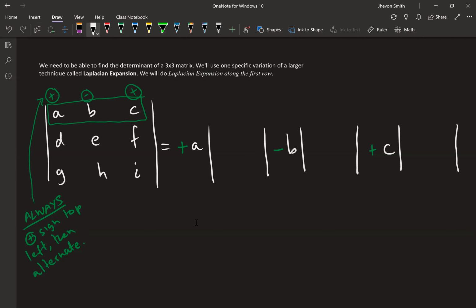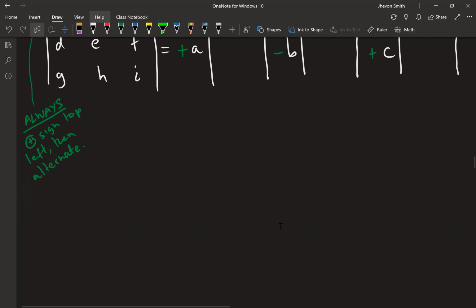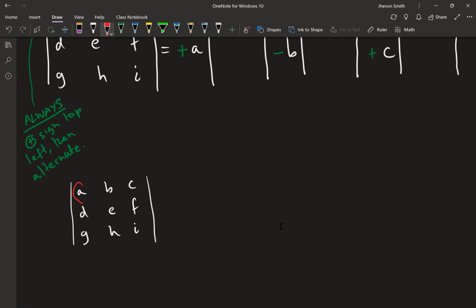So here's how we're going to find these determinants. To figure out what is attached to A, you're going to take the matrix A, B, C, D, E, F, G, H, I. If you're focusing on the A, block out everything in that row and that column.